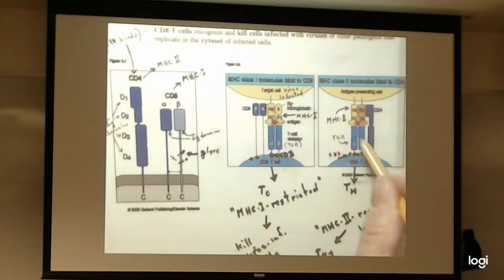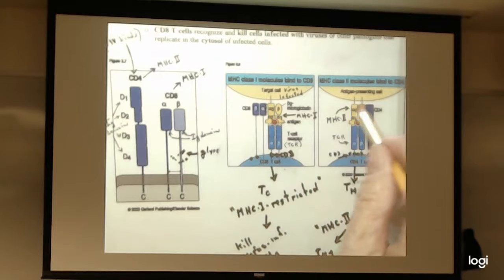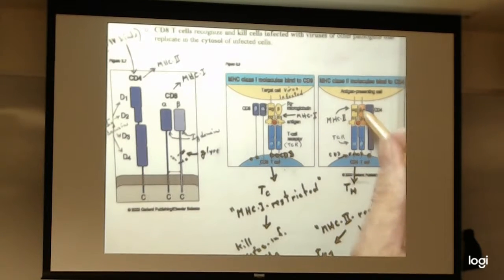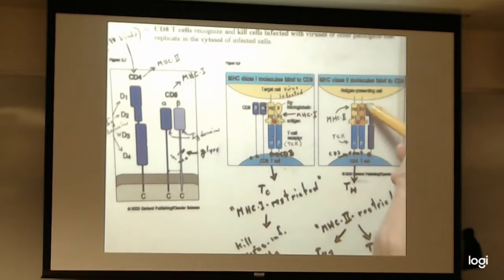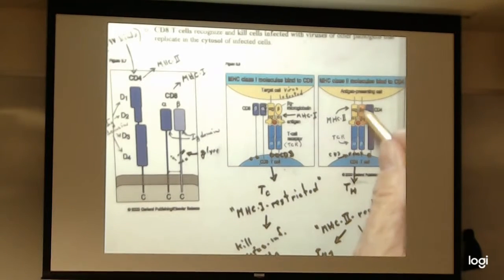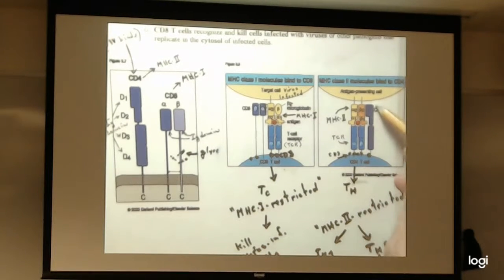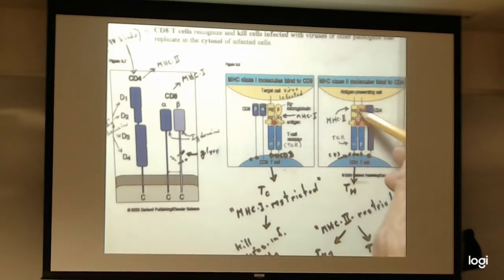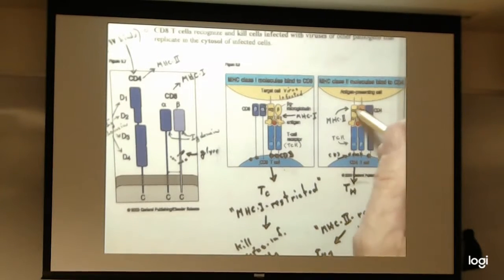Now, T cell receptors have constant domains here. MHC molecules don't have constant domains. Okay, it's just beta 1 and beta 2 domains, and they don't resemble the immunoglobulin fold or anything like that. But the CD4 protein here sticks to the side of the beta 2 domain like this, and really stabilizes this whole complex.